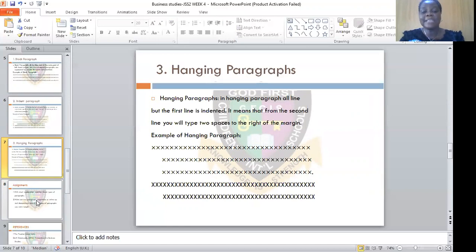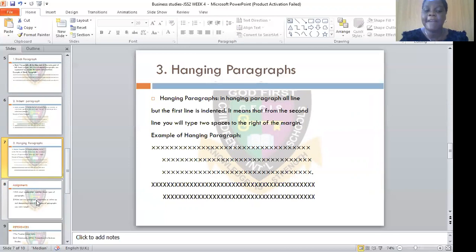The cursor will take you to the first left hand margin, but you will give 2 spaces before you continue to type the second line. Then you will give 2 spaces before you continue to type the third line and the subsequent lines that you want to type in a paragraph.